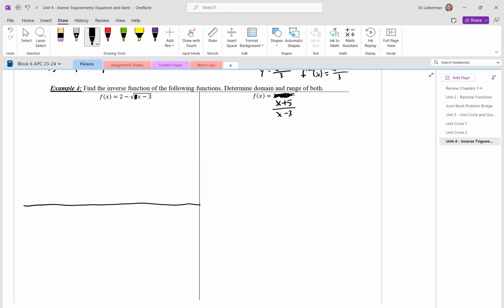Check with the neighbor when you're done, and once you do, I want you to discuss the domain and range of the function and its inverse.